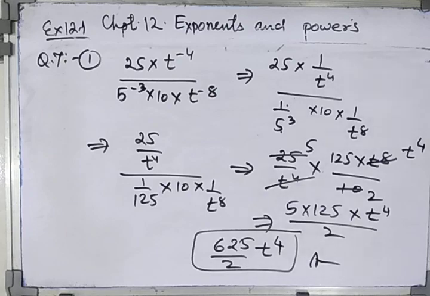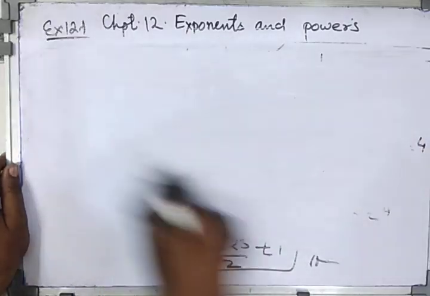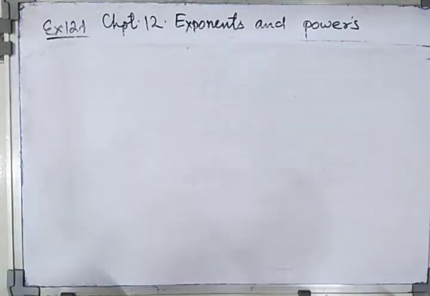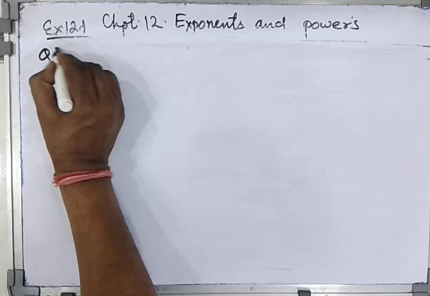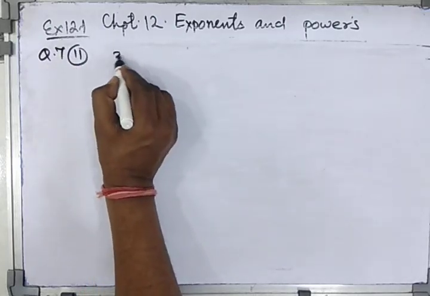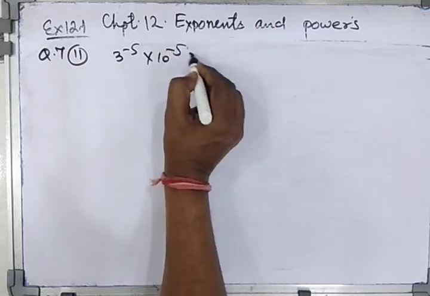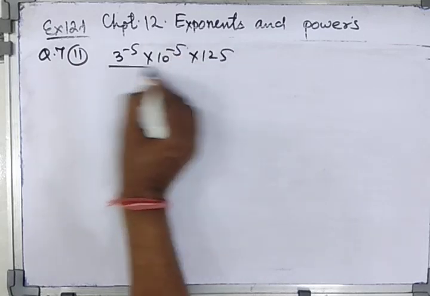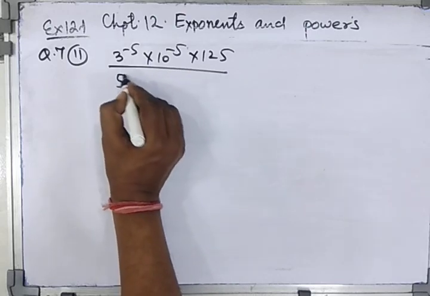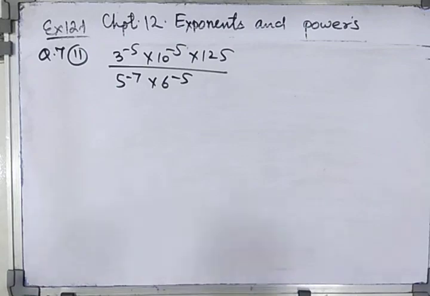Next, student, second one. Question number 7, second one. 3 raised to minus 5 into 10 raised to minus 5 into 125 divided by 5 raised to minus 7 into 6 raised to minus 5.